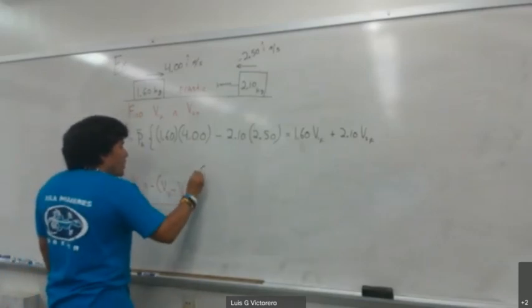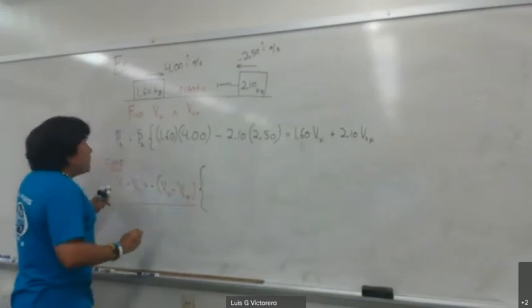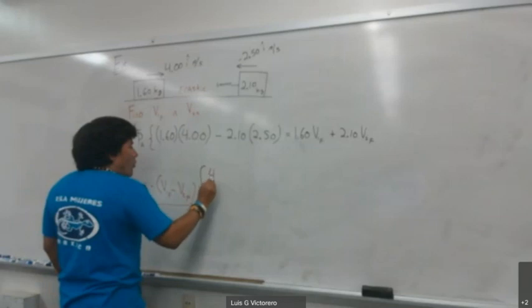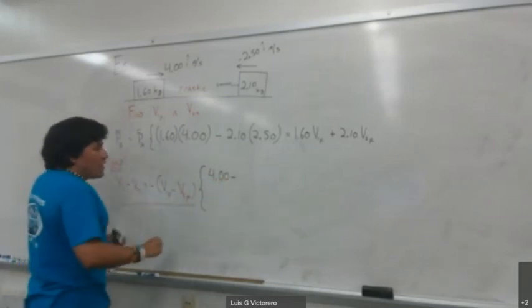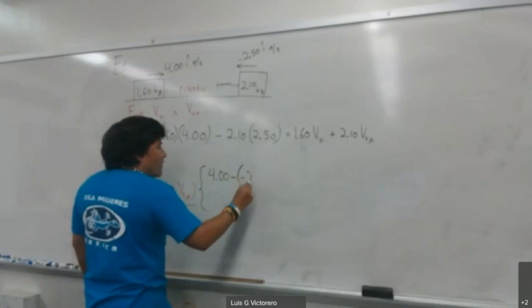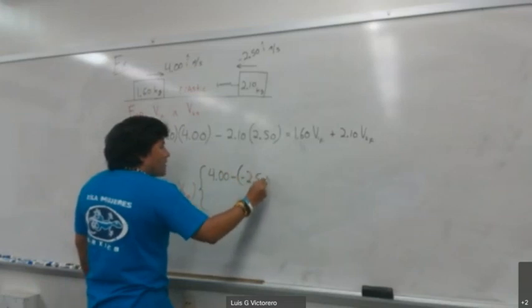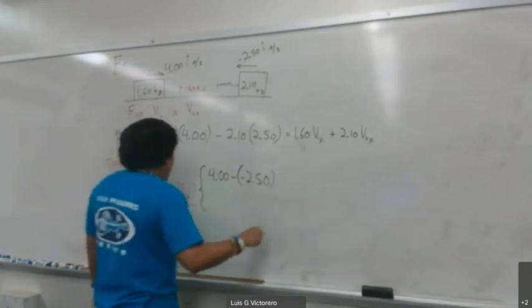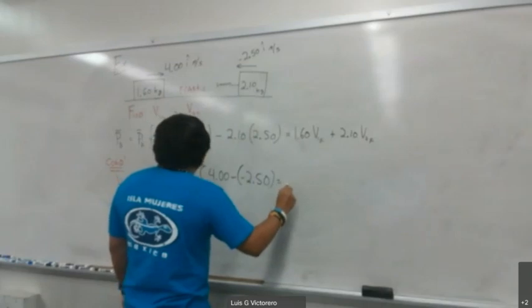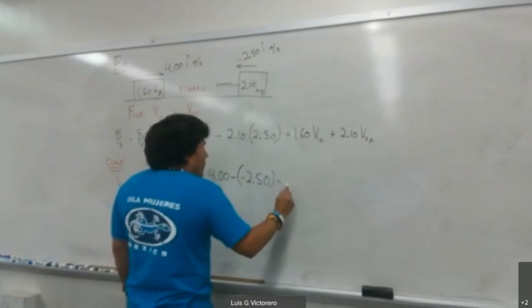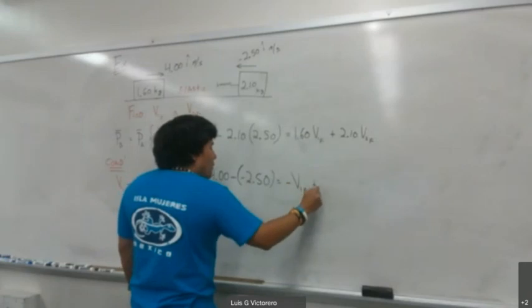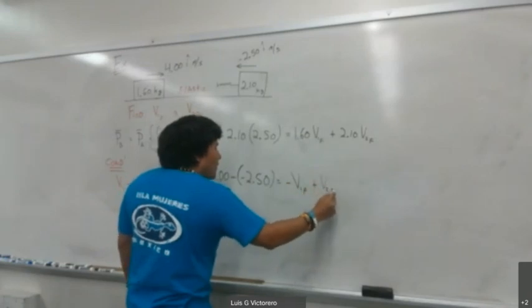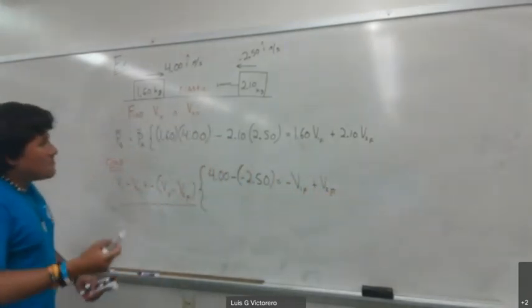So if I use this condition, V1 initial 4, V2 initial, right? There. Equals, well, I can put here minus V1 final plus V2 final. Perfect.